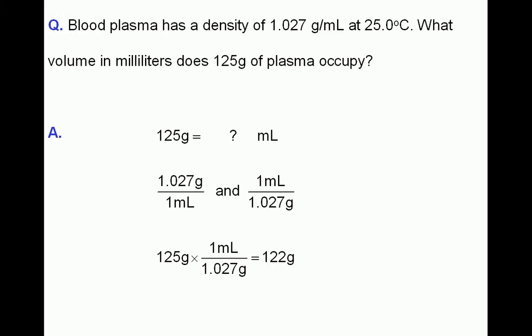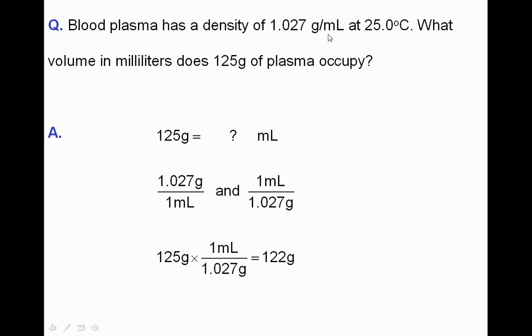Okay, so on with this question. Blood plasma has a density of 1.027 grams per milliliter at 25 degrees Celsius. What volume in milliliters does 125 grams of plasma occupy? So we're looking to convert from grams, a unit of mass, to milliliters, a measure of volume.